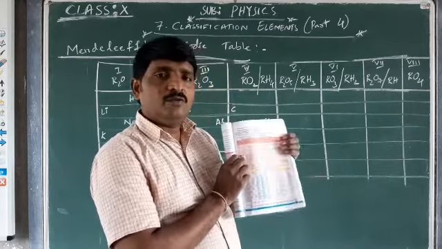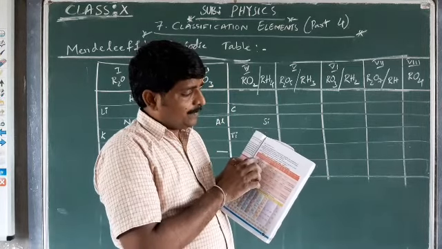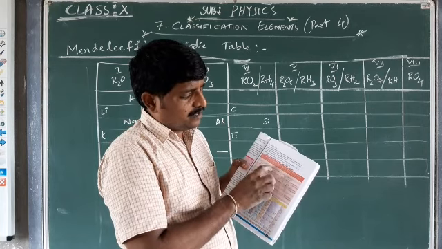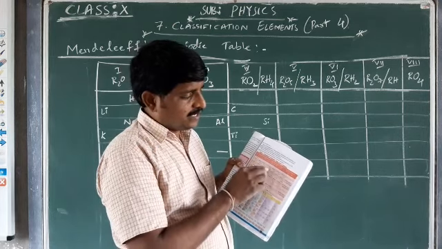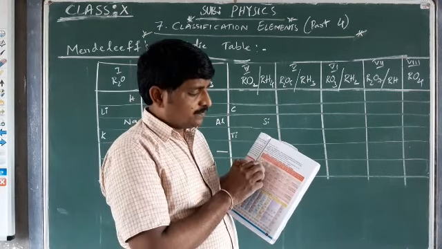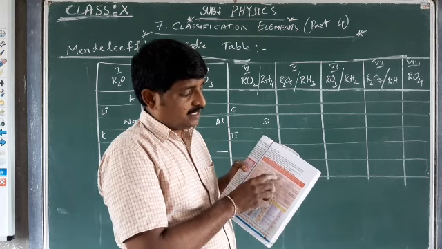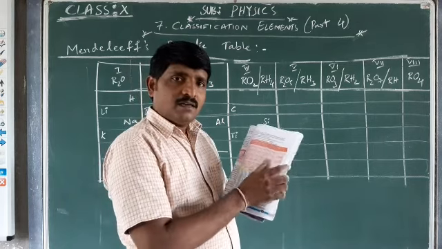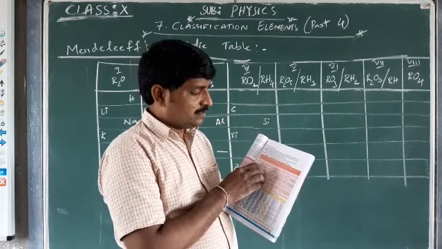See, if you go to table 2, hydrogen atomic weight is 1, then helium, lithium 7, beryllium 9.4, boron 11, carbon 12, nitrogen 14, oxygen 16, fluorine 19, again sodium 23, magnesium 24, aluminium 27.3, silicon 28, like that. Sulfur 32, chlorine 35.5.